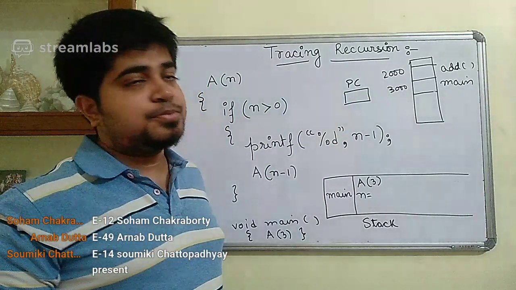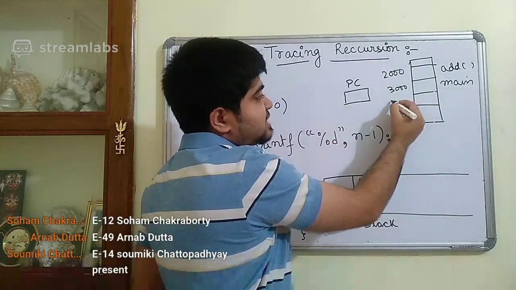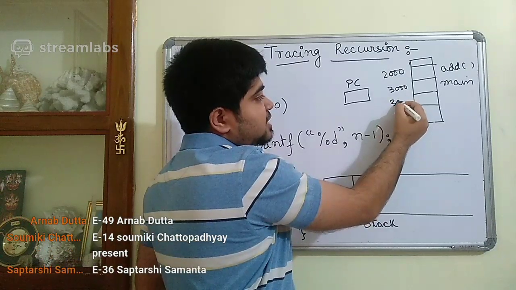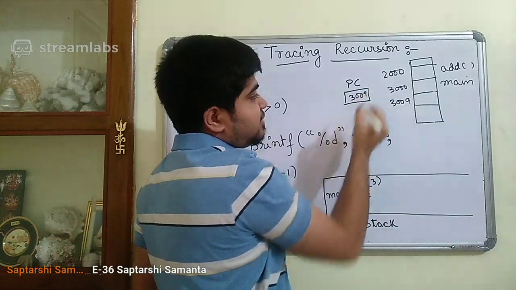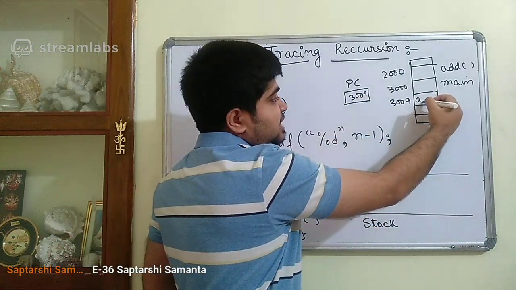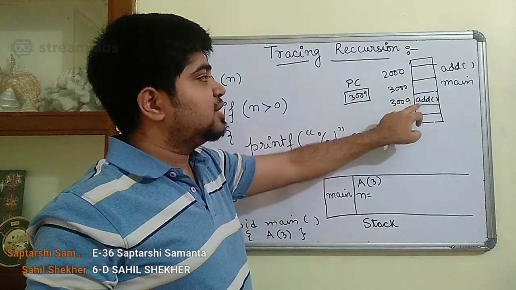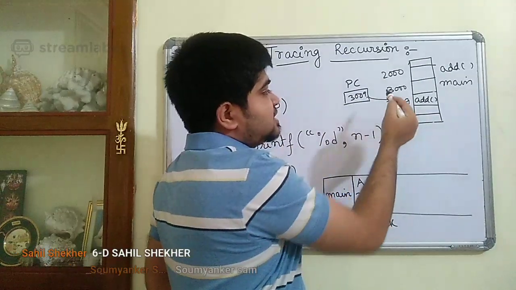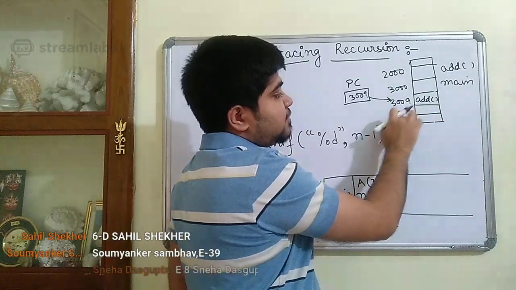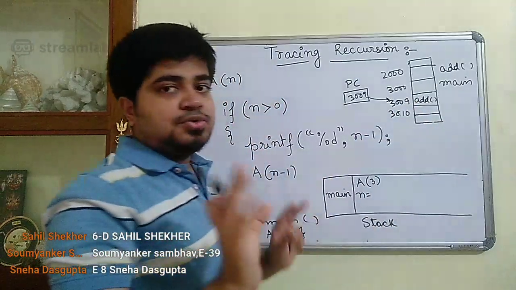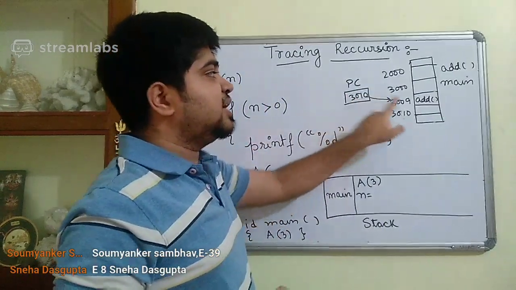Previously it was holding some address, say suppose 3009, after which the add function was called. The next instruction that it will be executing is 3010. So it knew that 3010 is the address to be executed after the call of the add function.